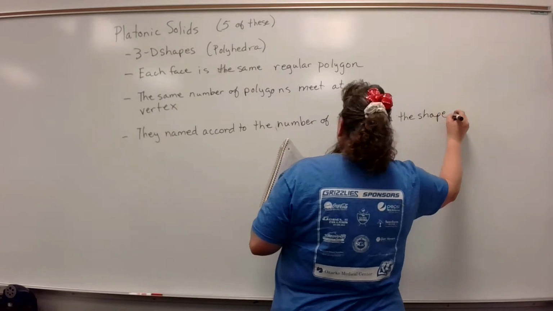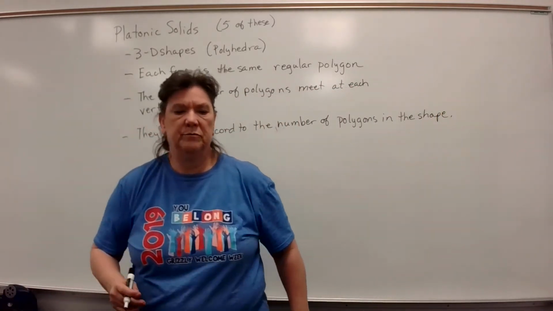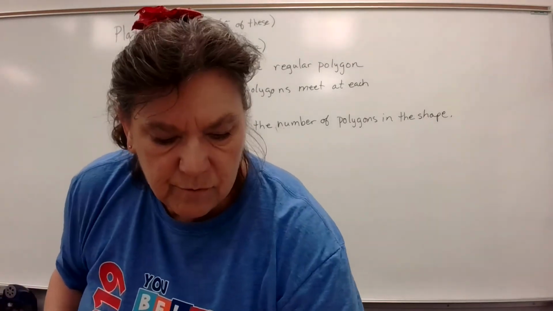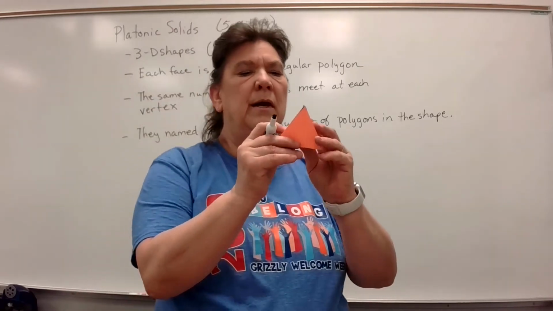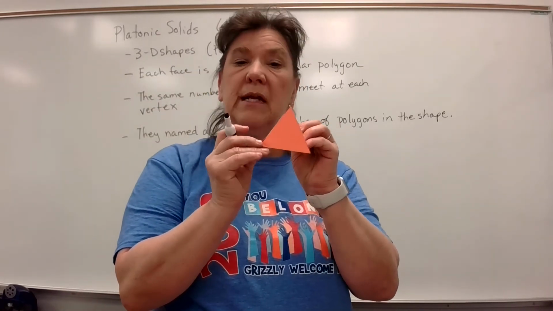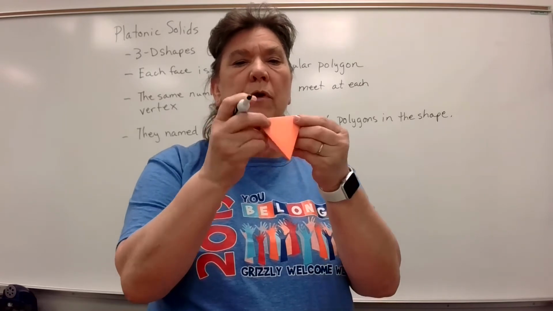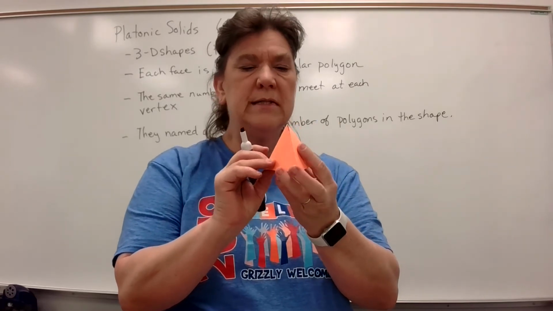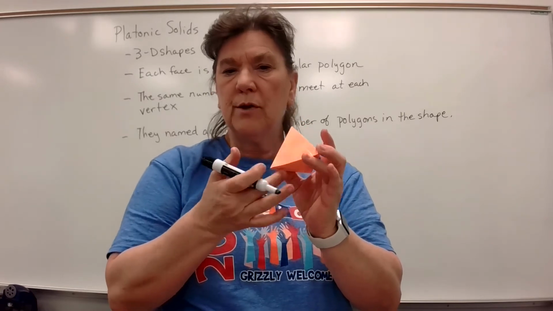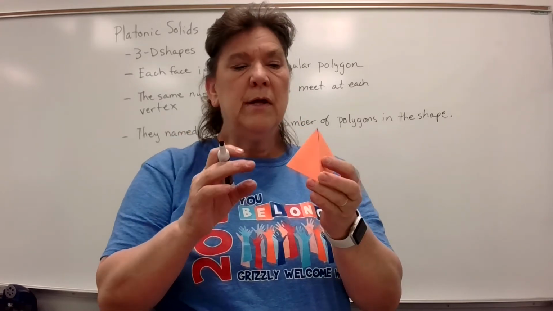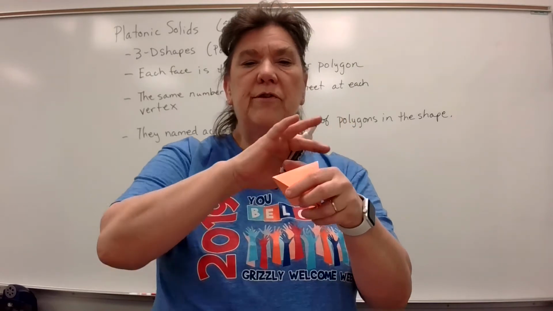Okay, so let's look at a couple of these that we have. I actually have one of them here. In this one, the shape is an equilateral triangle, and there are 4 equilateral triangles in this. That means all the faces are exactly the same regular polygon, a triangle. 3 of those meet at every vertex.